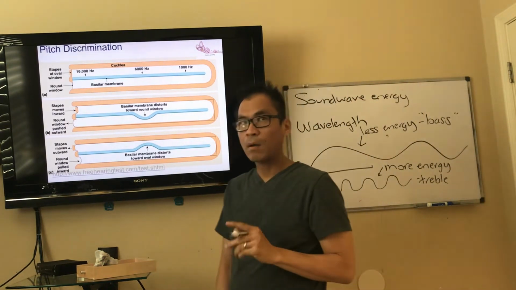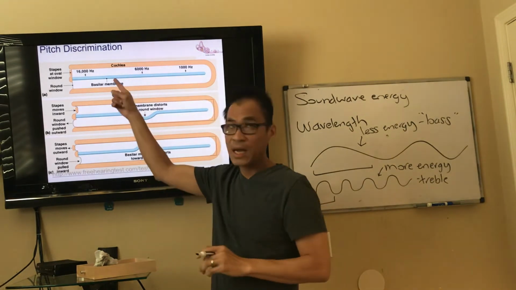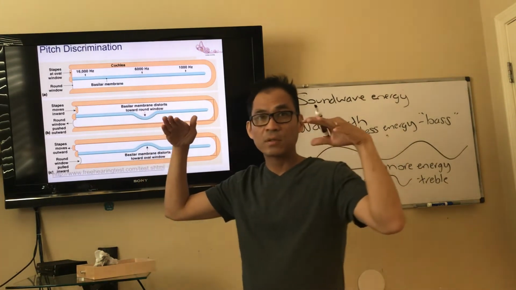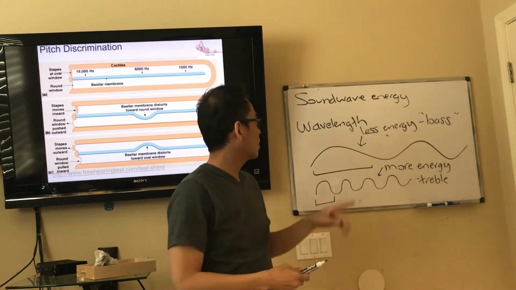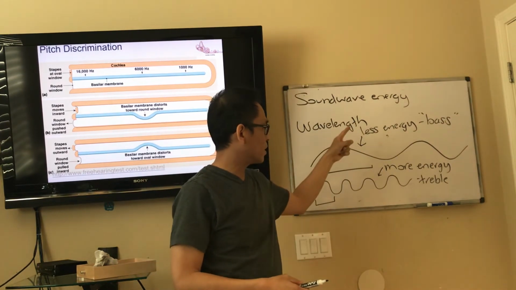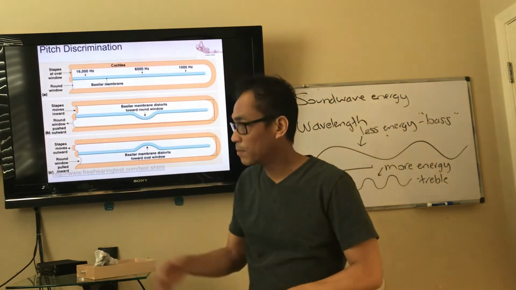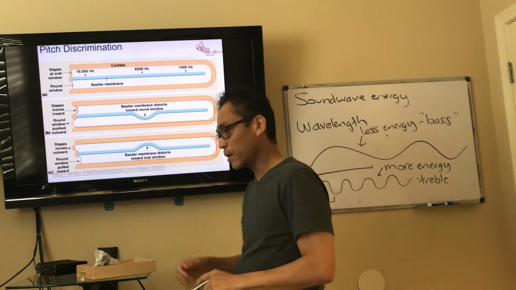That is what we call pitch discrimination. High-pitched sounds, low-pitched sounds, depending on the wavelength. Less energy, more energy. Now we can start to unpack this picture here, how the cochlea is organized.